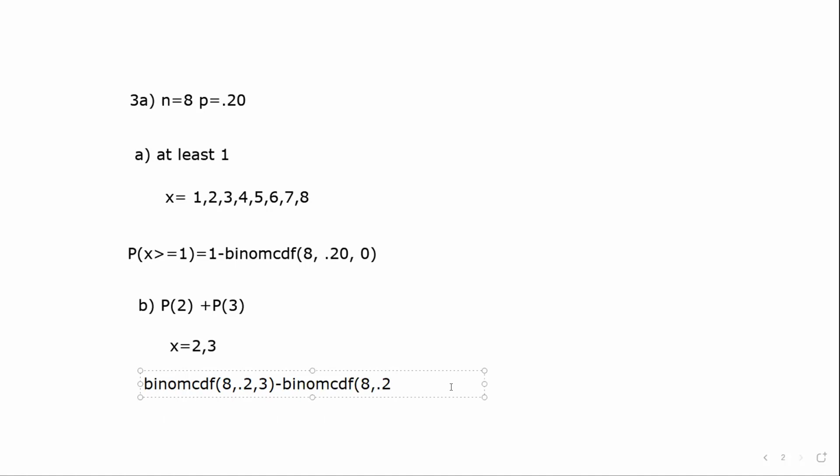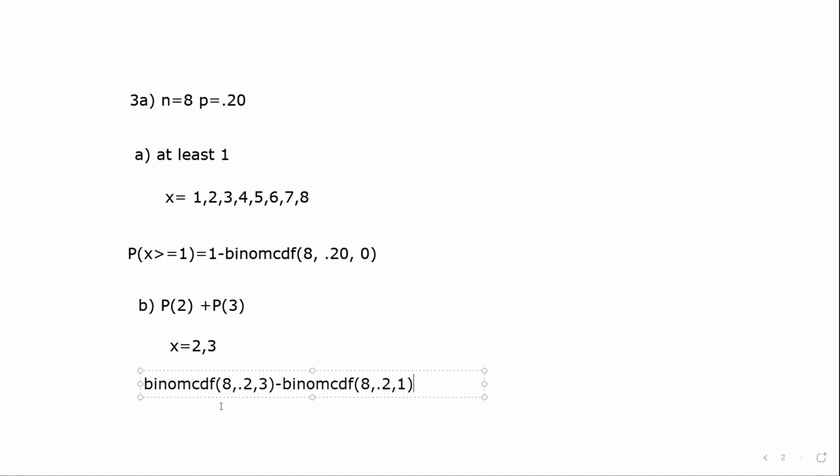I want to subtract off all the way up to 1, so I'm going to put 1 here. That's one way to get your answer. You can also use the PDF, P as in Paul, and add the 2 together. But either way, you're going to get 2 terms.